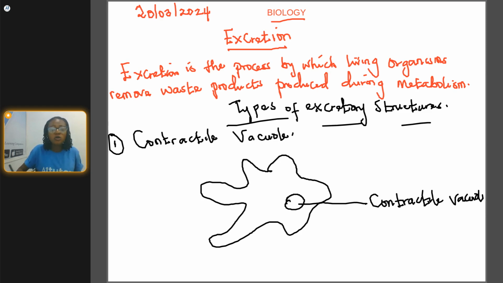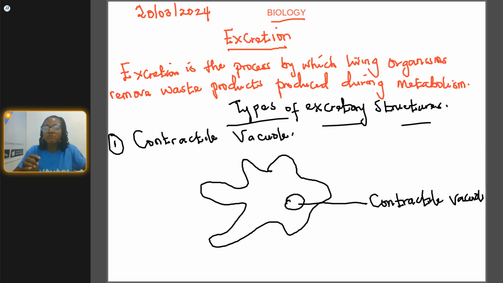Its function is to regulate water balance and remove excess water. All these organisms are small, and their major component is liquid. So they remove excess water from their body, and the organ they make use of in removing the excess water is the contractile vacuole.